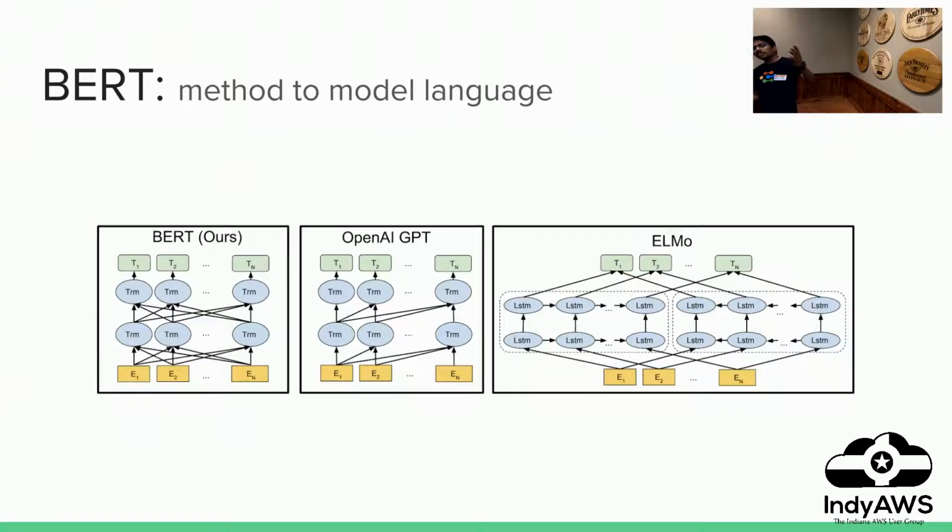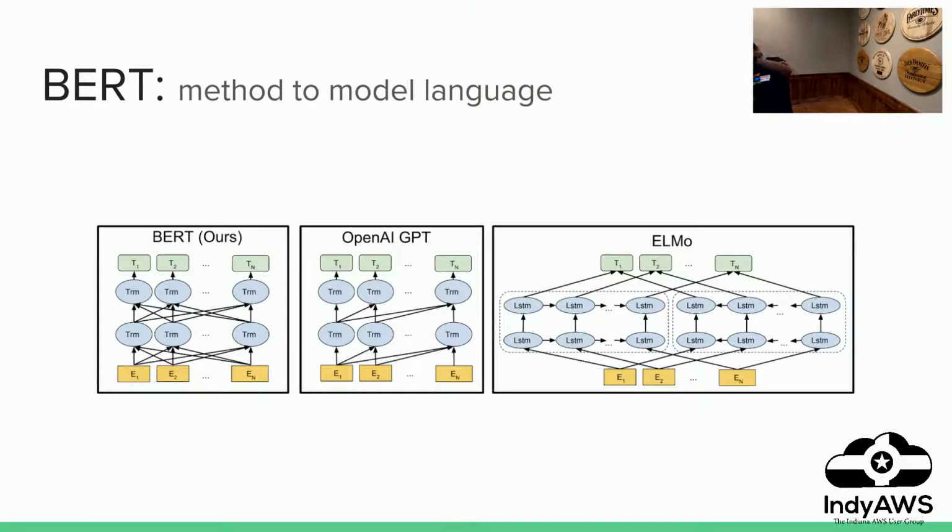So what you see, the similarity here, is the inputs and outputs. That's what we care about. The inputs, the E1, E2, Ei's, are just word tokens. You take a sentence, split it up into words, and that's your input. Your vocabulary could be a size of 30,000.